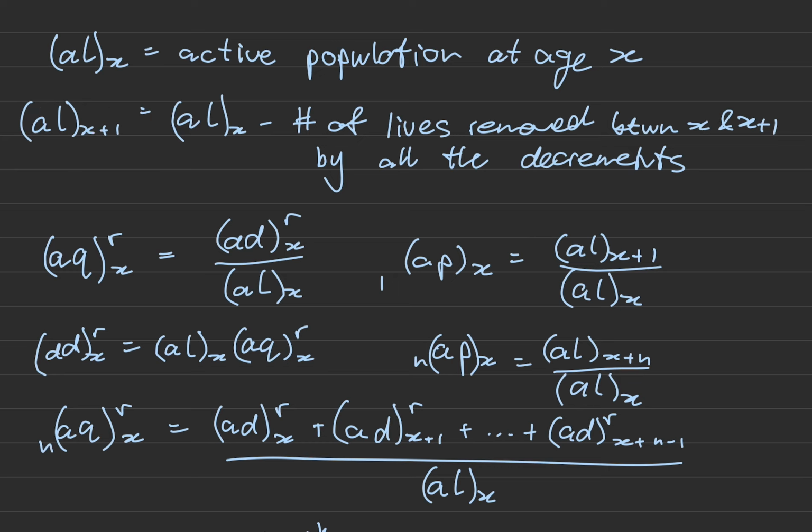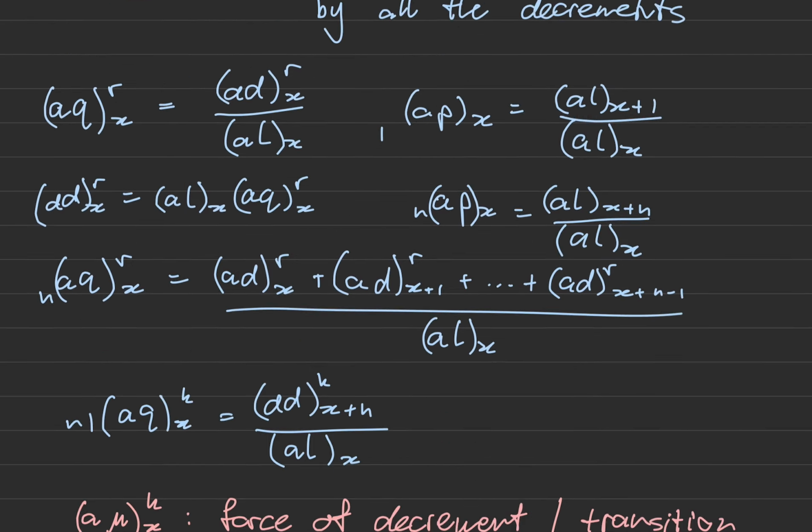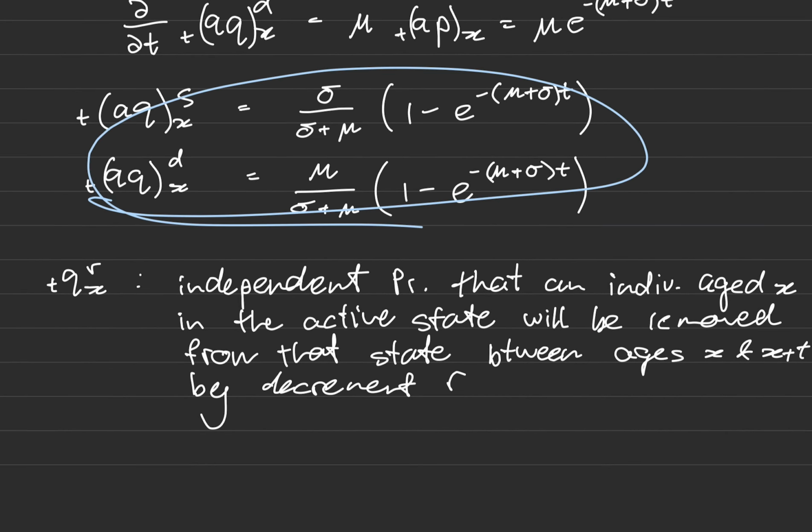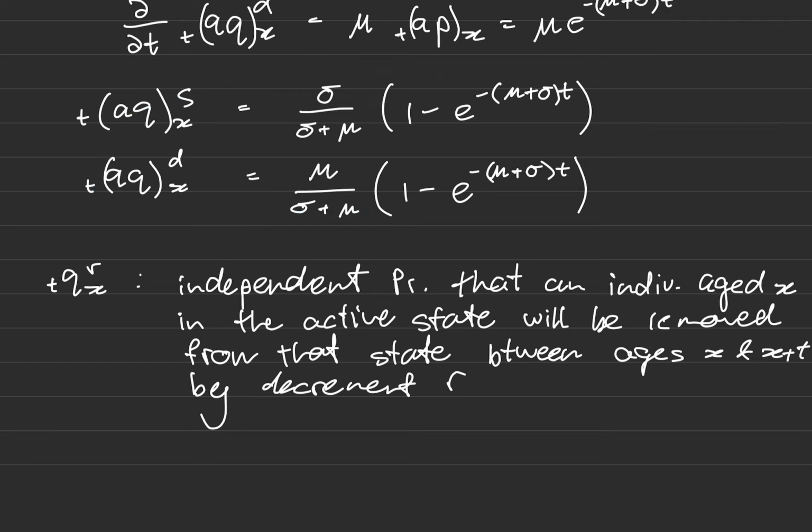So if you want to calculate a multiple decrement table, which is basically a table of the al x's and the ad x's, then you use that formula and that formula there to move through the different things. And then you might also need to use these formulae for the probabilities if you were given the forces of decrement. Okay.